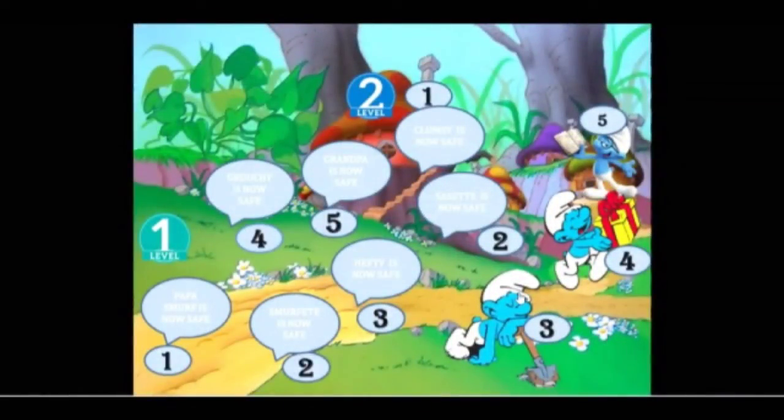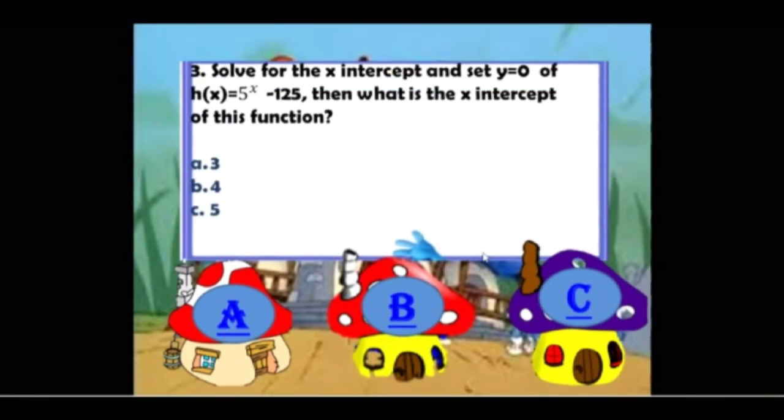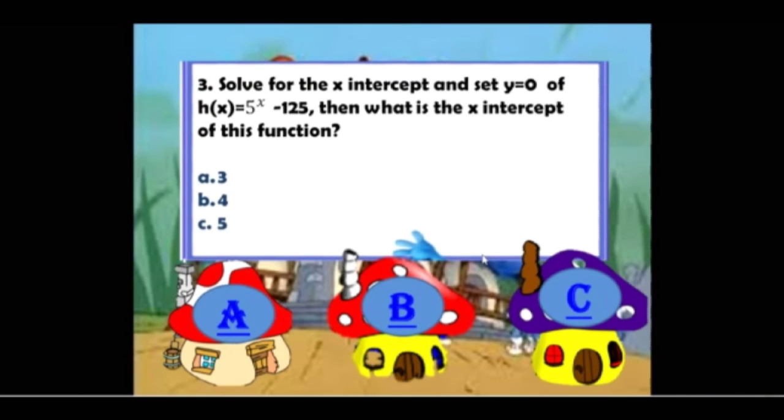Number 3. Solve for the x-intercept and set y is equal to 0 of h of x is equal to 5 raised to x minus 125. Then what is the x-intercept of this function? Keep quiet.